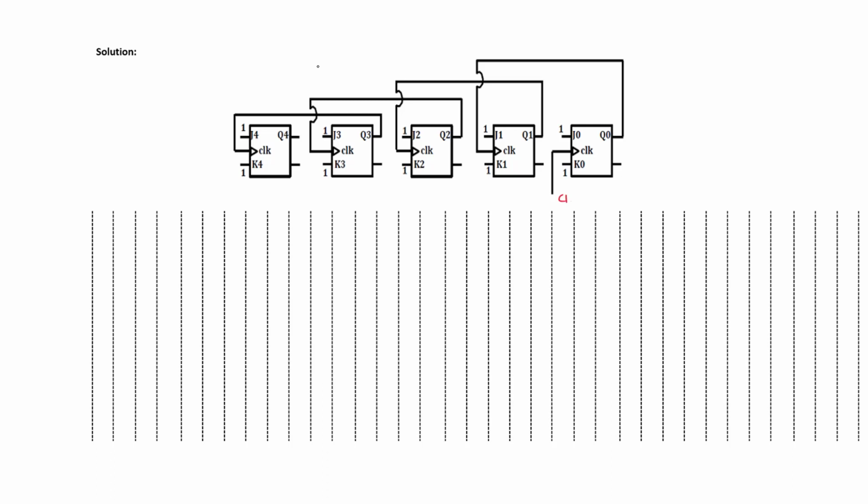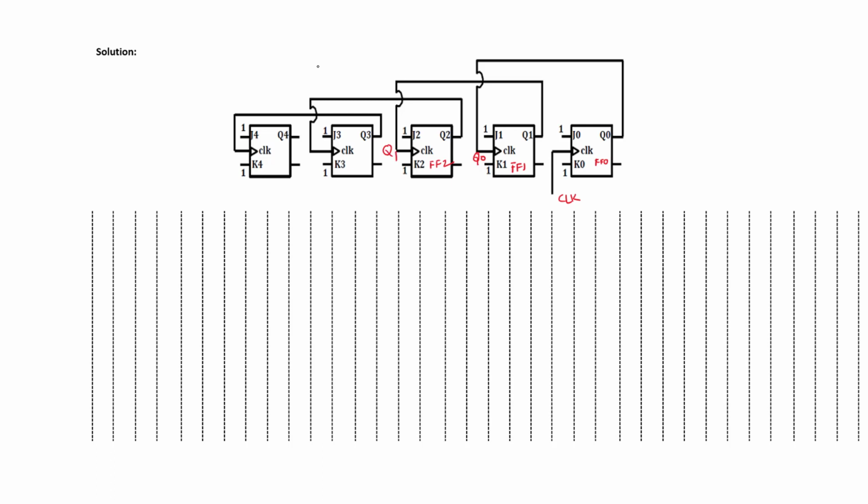Here, the clock is applied at JK flip-flop 0. The output of flip-flop 0 is connected as a clock input to flip-flop 1. So this is Q0. Similarly, the output of flip-flop 1 is connected to the clock input of flip-flop 2. So this is Q1.